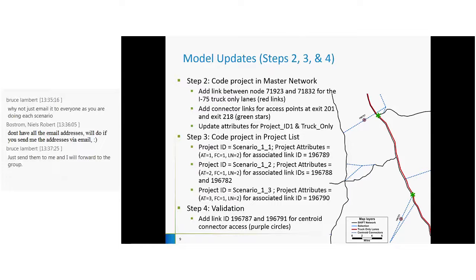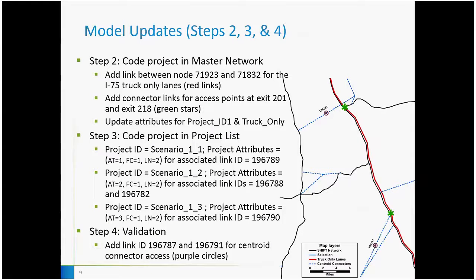Okay, I wanted to briefly talk in a little more detail about the coding steps. There's a lot of information on this slide. I went with a little more detail, but what I wanted to get across is that there were changes that needed to be made to get the model to appropriately reflect the project conditions for the I-75 truck-only lanes.